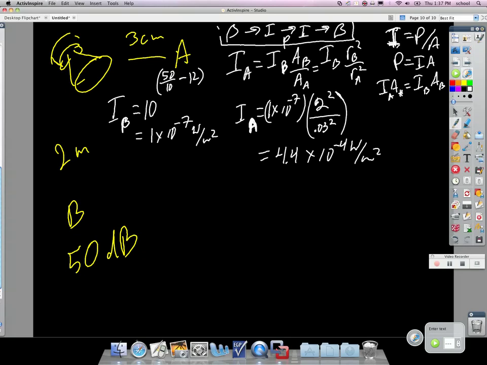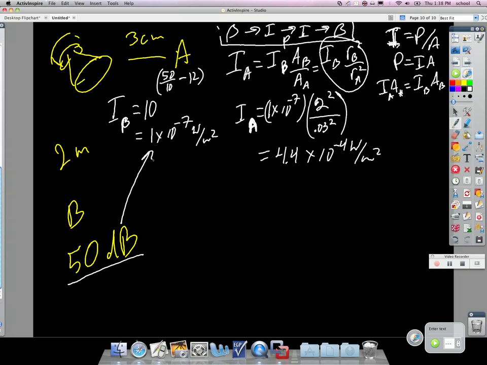Is this the correct relative intensity, or is this the correct intensity? Now I take this and plug it into this. The relative intensity at A is equal to 10 log IA over IO.